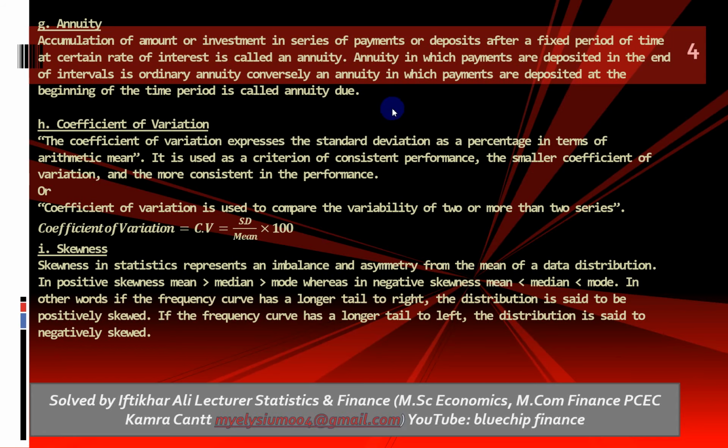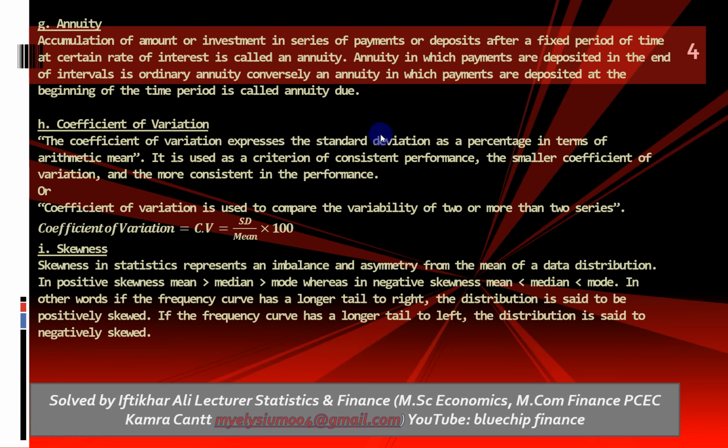Annuity is a case of time value of money in which there are multiple receipts and multiple deposits. So all those cases will be treated as annuity cases if this phenomenon is present.